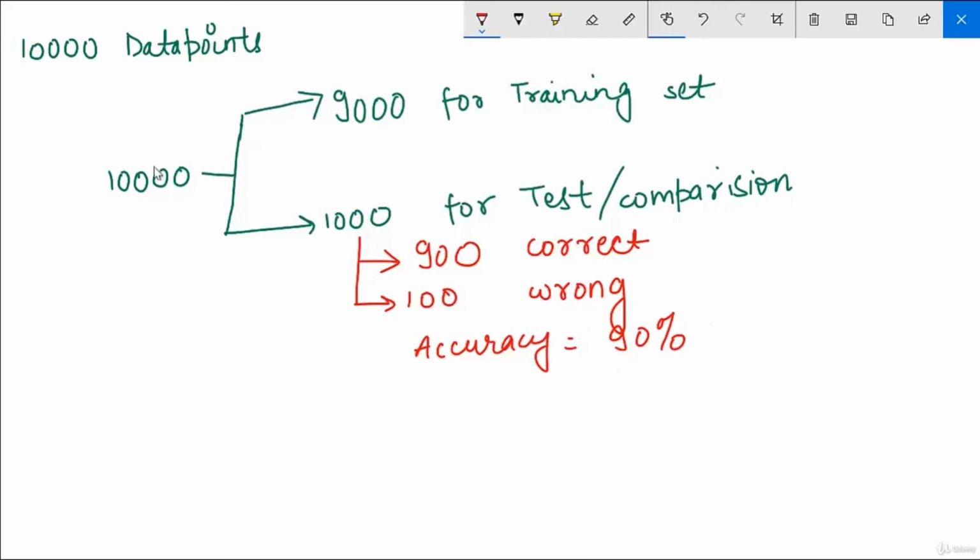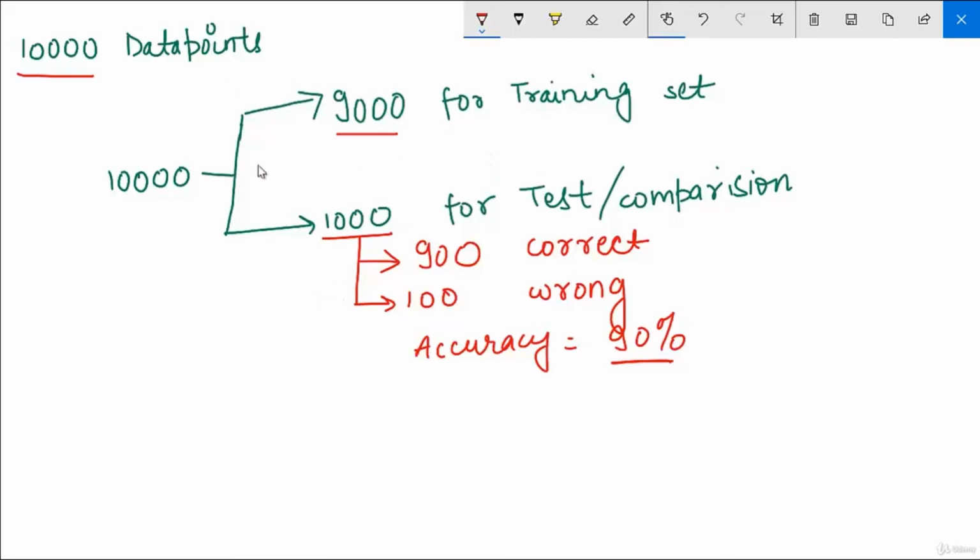My model has 10,000 data points, where I have used 9,000 for training and 1,000 for testing, and I am getting 90% accuracy. So I can say the model which I have created is 90% accurate and it is very good. This is how we create models and find the accuracy of our model, whether it's good or not.